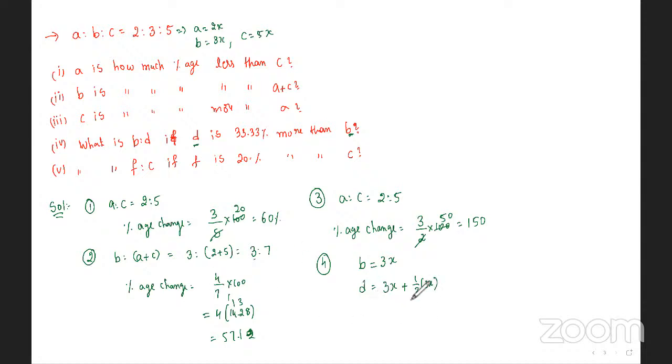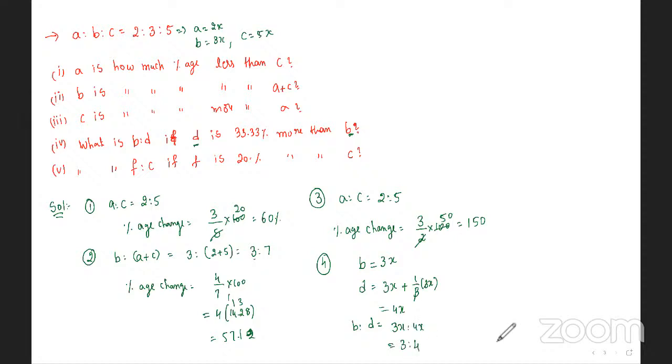D जो है B से 1/3 ज्यादा है, मतलब 33.33%. 3 cancel, I'll get 4x. Right? Straight away I would write B is to D is equal to 3x is to 4x, which is 3 is to 4.